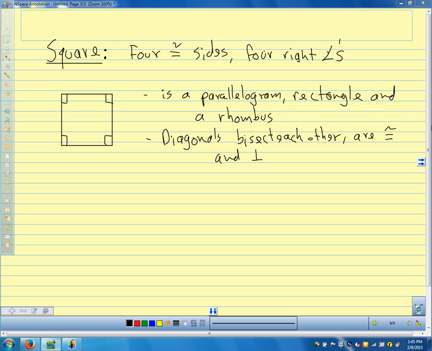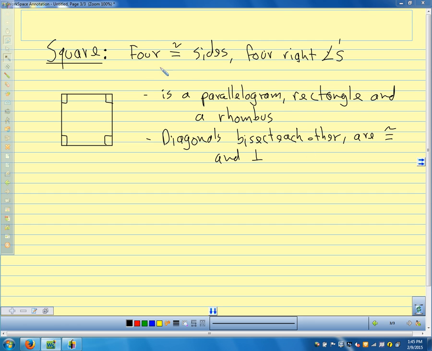So you'll get some interesting questions about how to classify shapes, like, can a rhombus be a rectangle? No. Can a rectangle have all the sides equal? No?